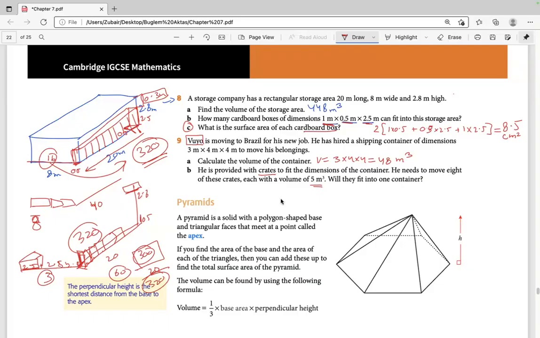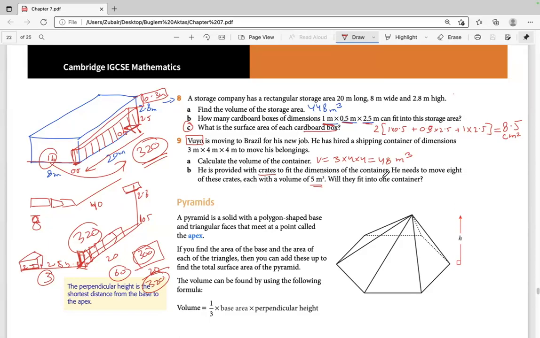So now they're giving us volume, so we cannot do it one by one anymore. That's a mix of quantitative and qualitative question because all the dimensions are not given. So we may consider some of the given data and give a statement. He is provided with crates to fit the dimensions of the container.